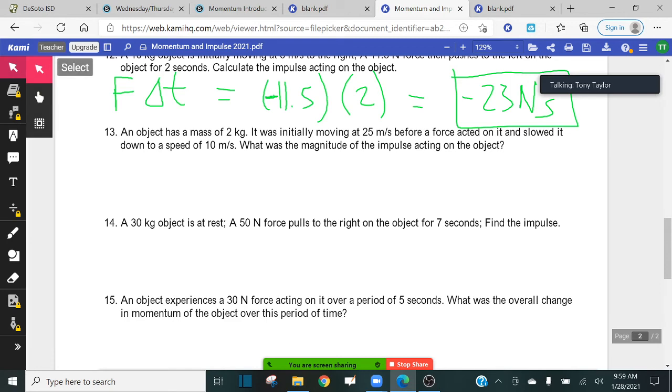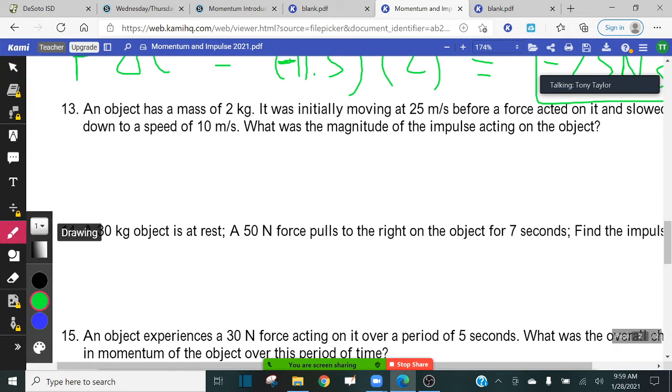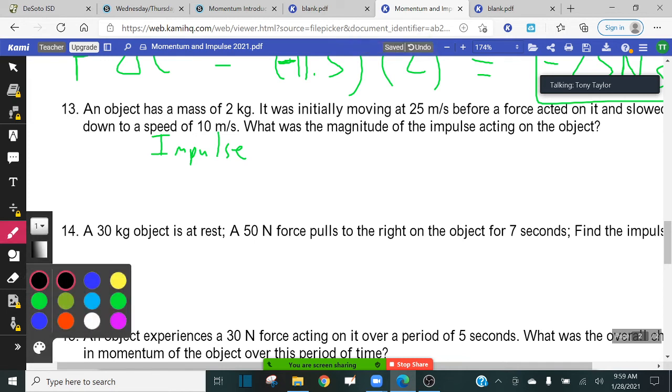Well, notice they asked for the magnitude of impulse here, but all the information they give us is information to calculate the change in momentum. They don't give us force or time, but they do give us masses and velocities. So they give us everything we need to solve for the change in momentum.